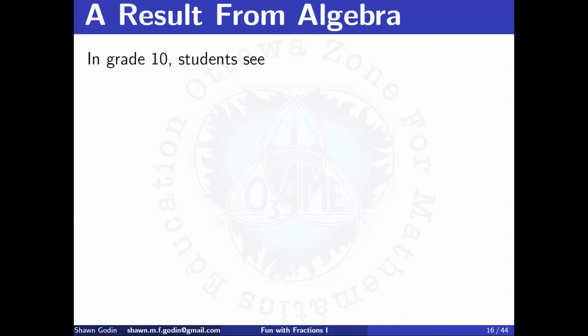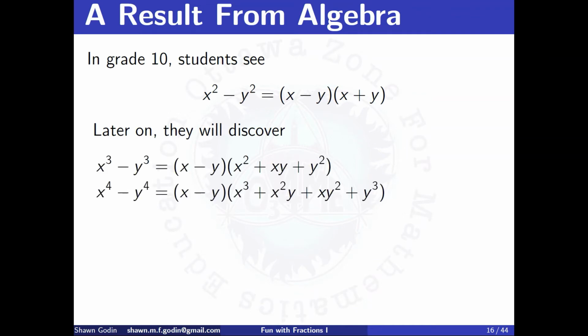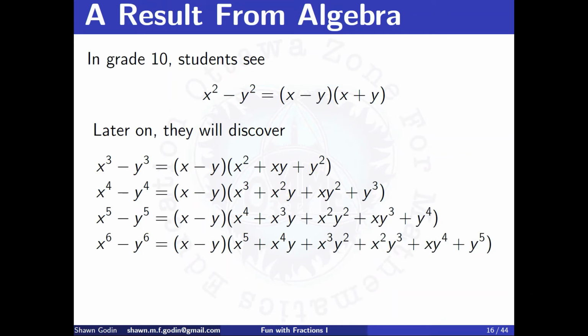Next, we're going to use a result from high school algebra to help us out. In grade 10, students see the factorization of a difference of squares. X squared minus y squared equals x minus y times x plus y. Later on, they're going to discover that this is actually the first in a large infinite family of identities of the same type.